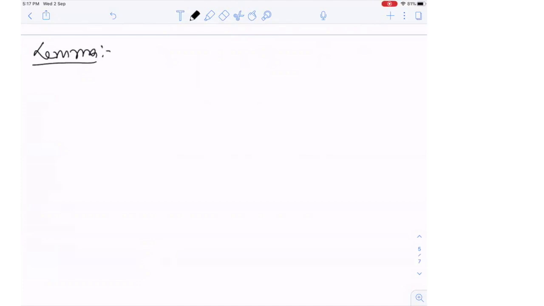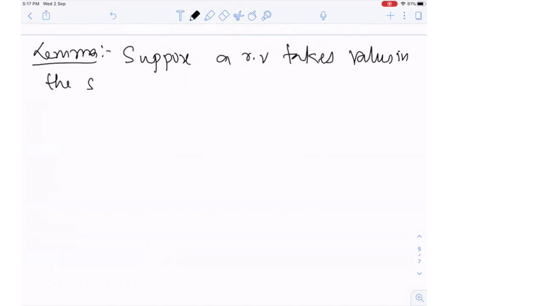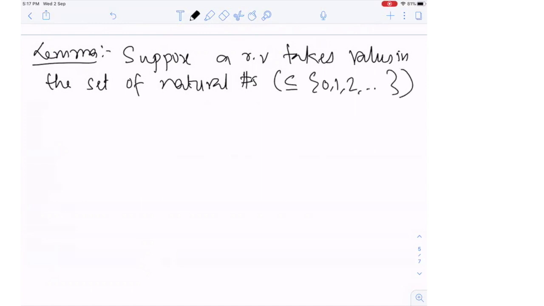Suppose a random variable takes values in the set of natural numbers, that is, a subset of 0, 1, 2, and so on.